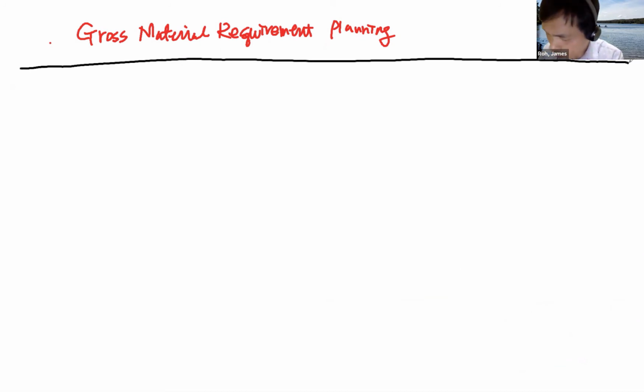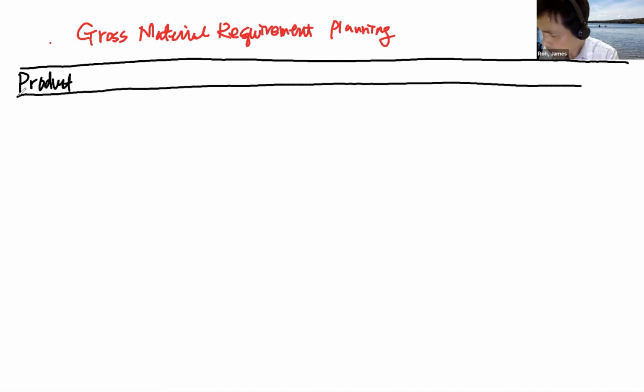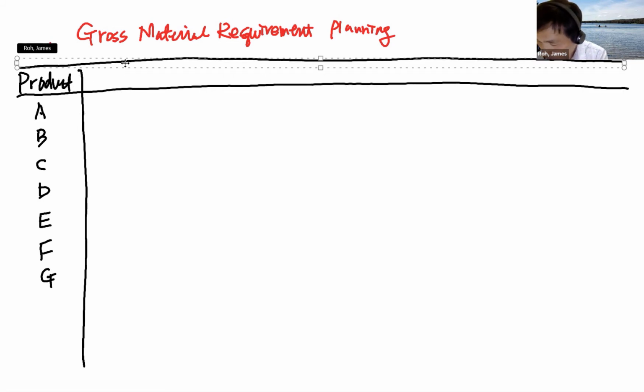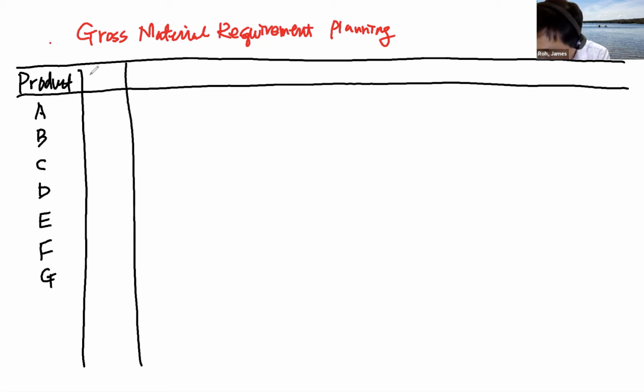And we're going to say, here's product name. And then we have product A, product B, we have product C, and D, E, F, and G. And we are also going to draw here the lead time.